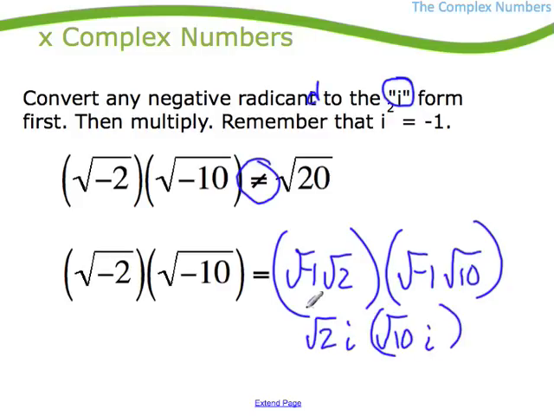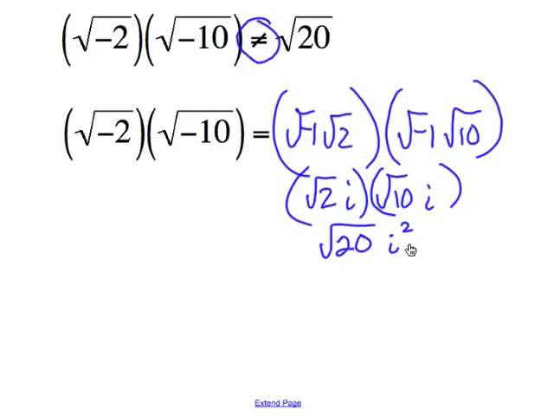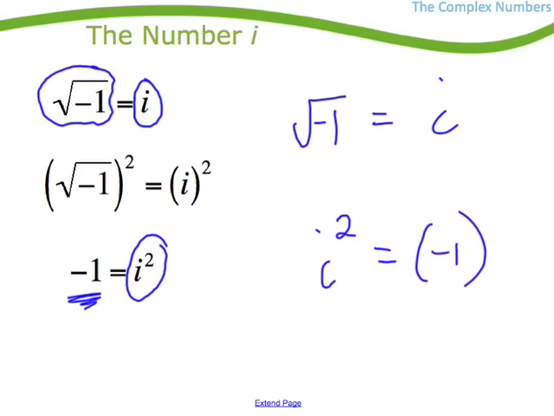Now multiplying those, there's no add or subtract in there, so I'm just multiplying. Root 2 times root 10 does indeed give me root 20, but i times i is i squared. And from that other page we said anytime you see an i squared, I could replace it with a negative 1.